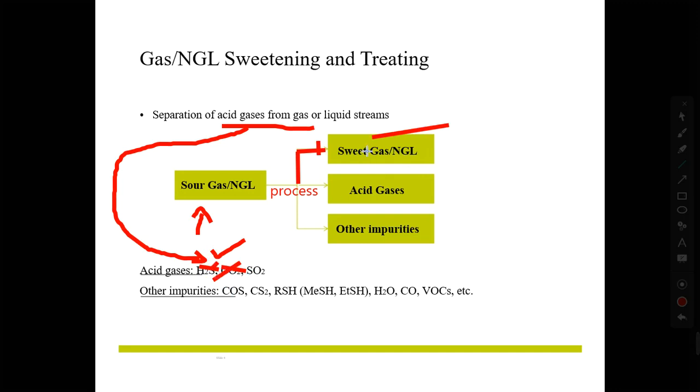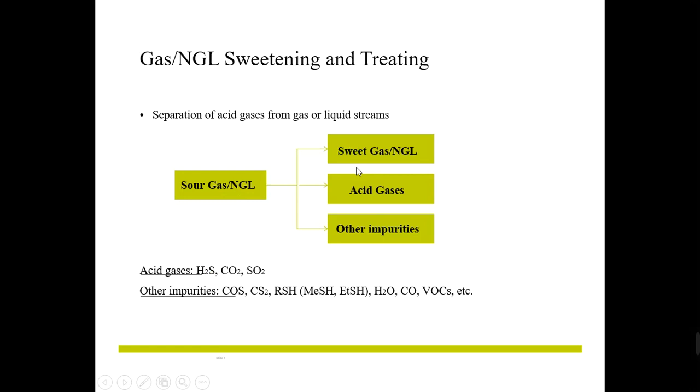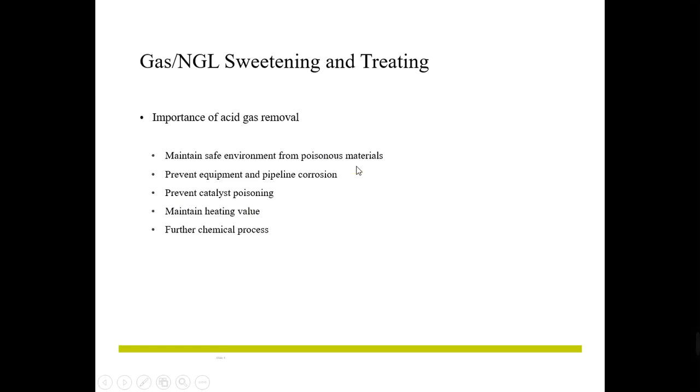Then the acid gases, for example H2S, we separate them, and other impurities we separate them all. What we are interested in right now is this sweet gas. So sour gas is the one which has H2S, sweet gas is the one which has no H2S or CO2. This is the base one.